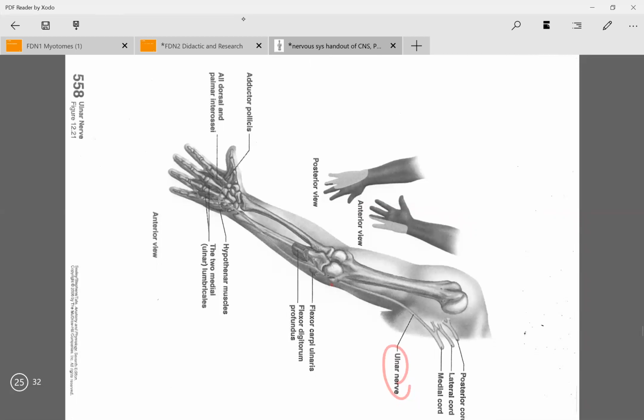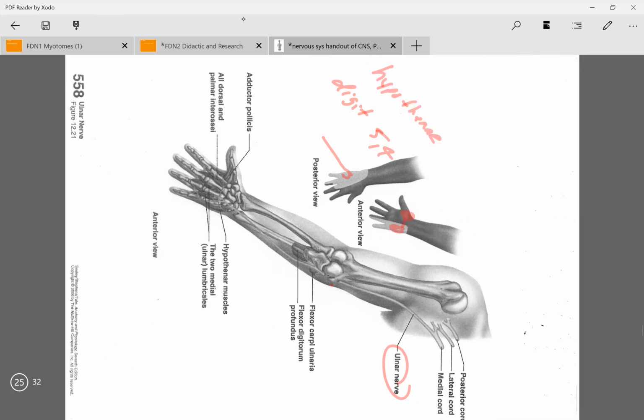Okay, so this is the sensory area. So pinky, digit 5 and 4, and the hypothenar area. The thumb area is the thenar.